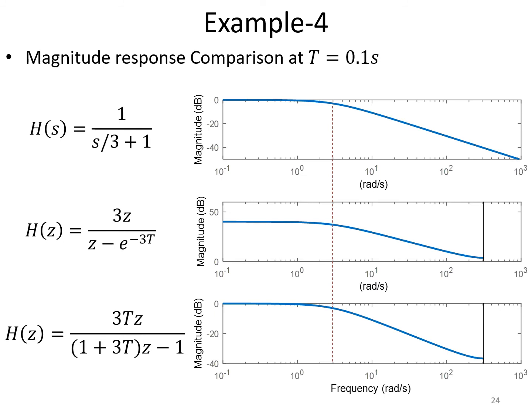So this figure compares the magnitude responses of analog and digital filters designed using the impulse invariance method as well as the backward difference method. So you can see the cutoff frequency is 3 radian per second, which is the same in all three cases, and there is no significant difference in the shape of the magnitude response.